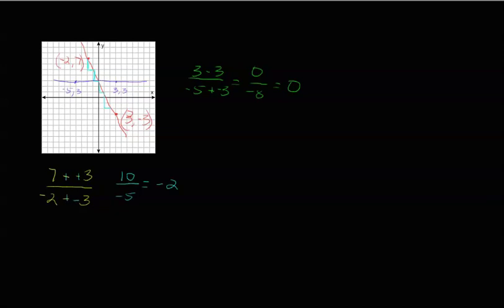Now, if we have a line like this, and let's say right here this is (2, 4), and down here we have (2, -4).